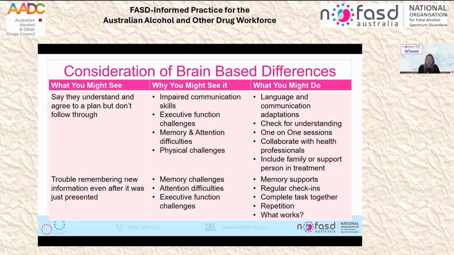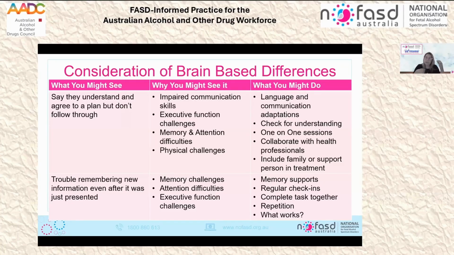As previously mentioned, people living with FASD have brain-based differences that can increase their risk of AOD-related harm and can make it harder to engage with and benefit from AOD treatment. Every person is unique and may show uneven cognitive abilities across their lifespan.